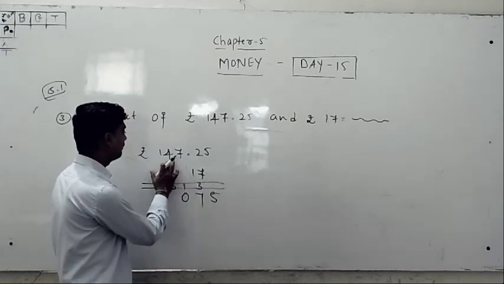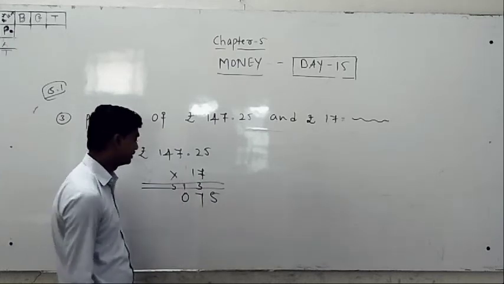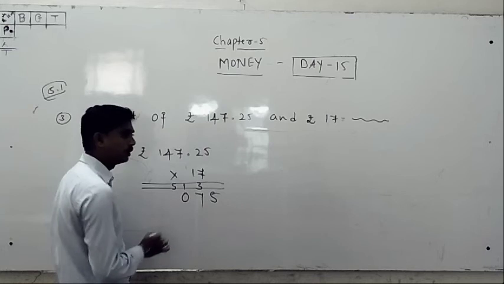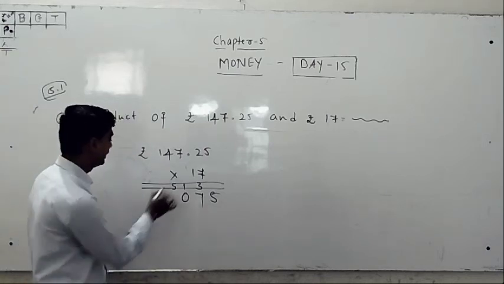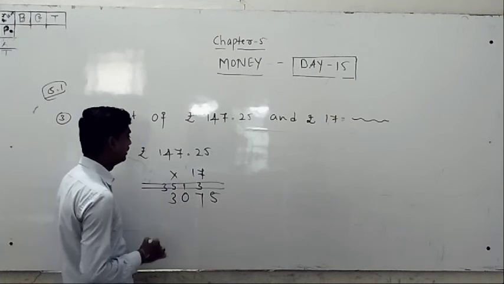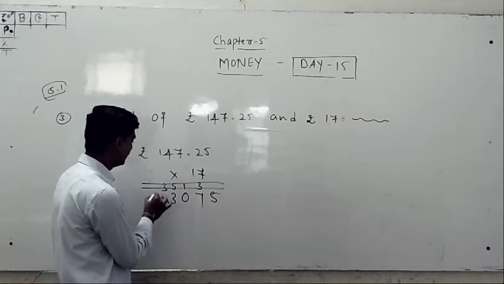Then 7 4s are 28 plus 5, how much? 33. 3 carry and 3. 7 1s are 7 plus 3 10.